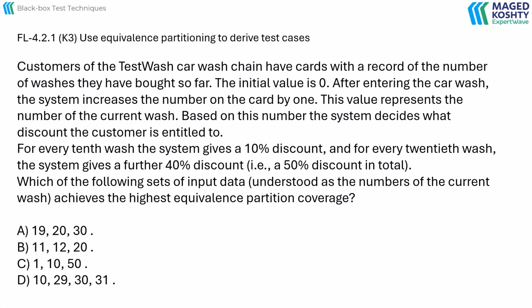Second question. Customers of the car wash chain have cards with a record of the number of washes they have bought so far. The initial value is 0. After entering the car wash, the system increases the number on the card by 1. This value represents the number of the current wash.